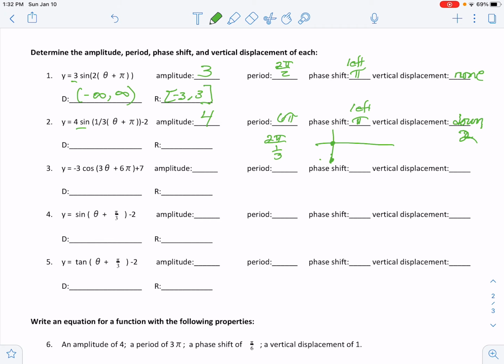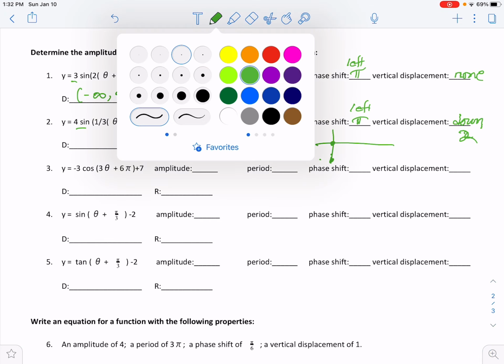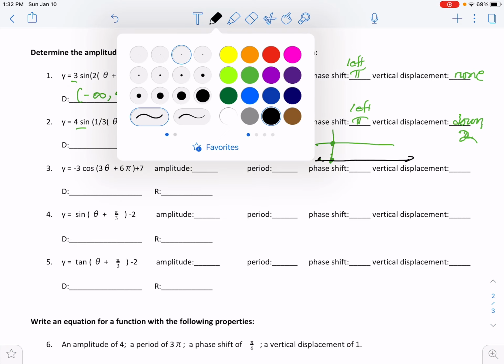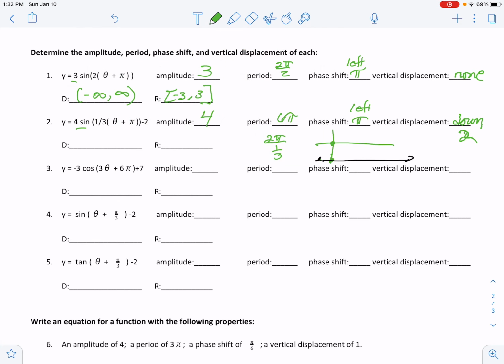So that's your center line. Let's make that a center line like this. Okay? And then you gave it an amplitude of 4. So from here it's going up 4 and down 4. And this is negative 2. So negative 2 plus 4 gets me to 2. And negative 2 minus 4 is negative 6.